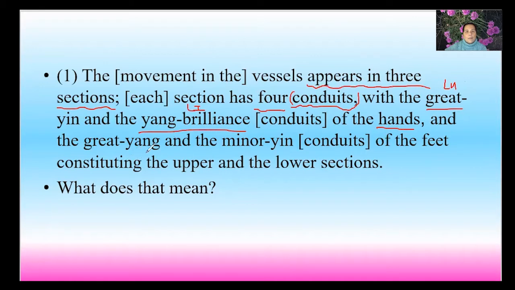And we also have Tai Yang, that's on the foot, that's your bladder. 太阳. And the Shao Yin, 少阴, that's kidney.